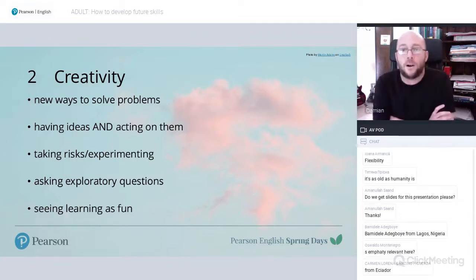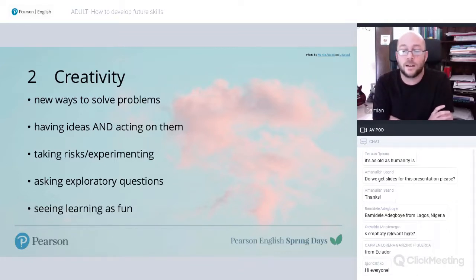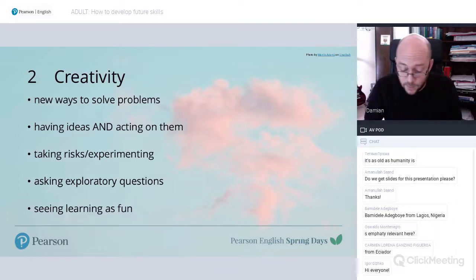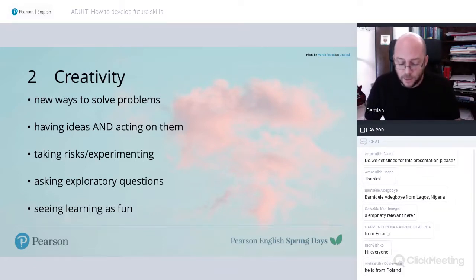Now, creativity as a future skill isn't just a part of the more traditionally creative jobs like writing or artistic careers. It's going to be important in everything, especially when it comes to new ways to solve problems. This is especially important in today's world where we're bombarded with lots of information and quick fixes, quick solutions.